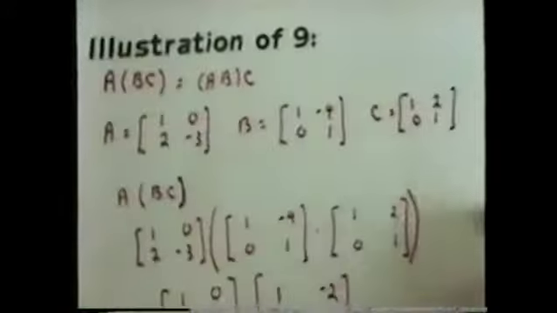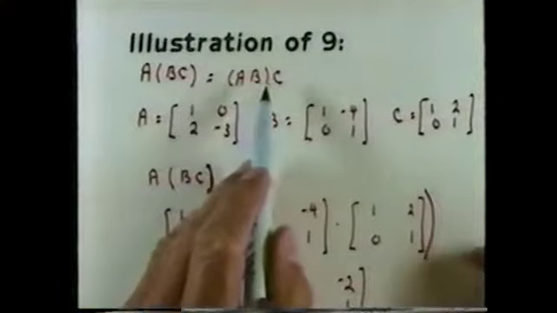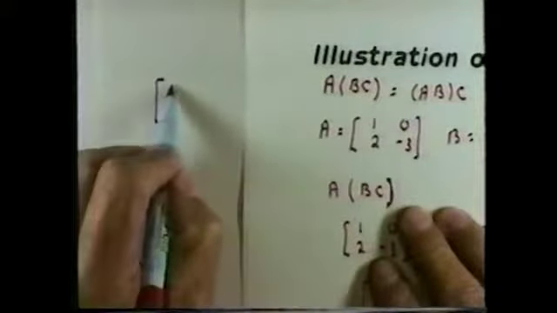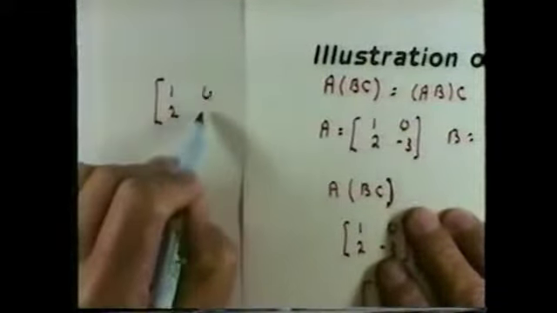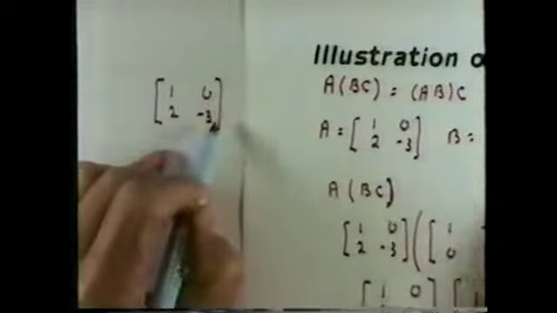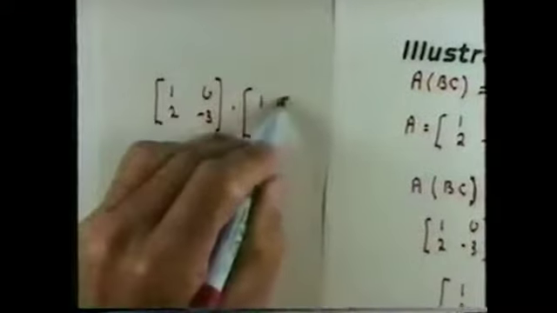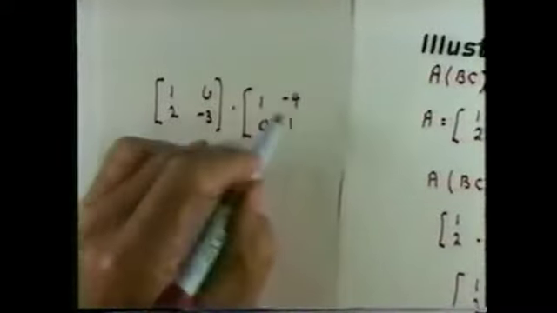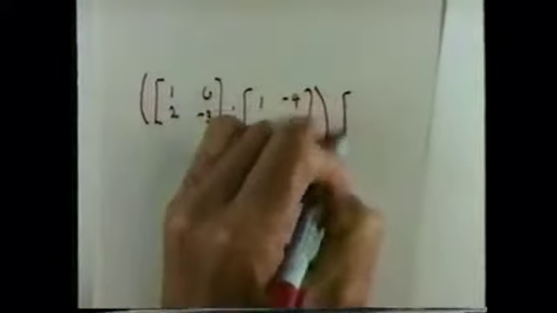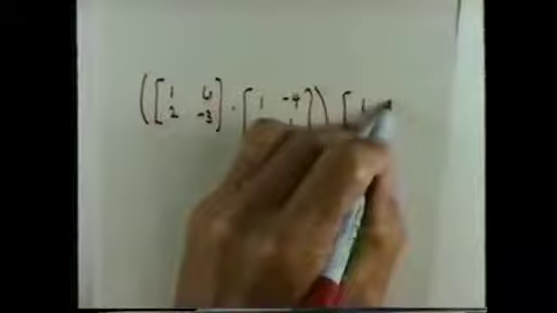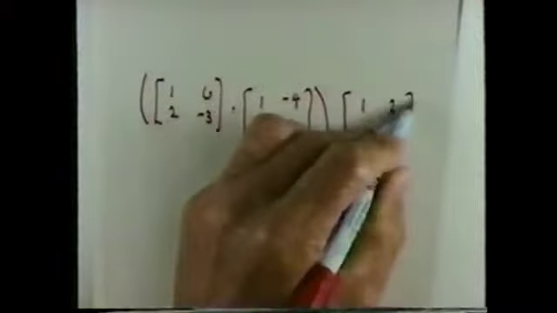Now let's go back and do it the other way, in which I do AB first and then C. So multiply A, 1, 0, 2, negative 3, by B, 1, negative 4, 0, 1, times C, 1, 2, 0, 1.